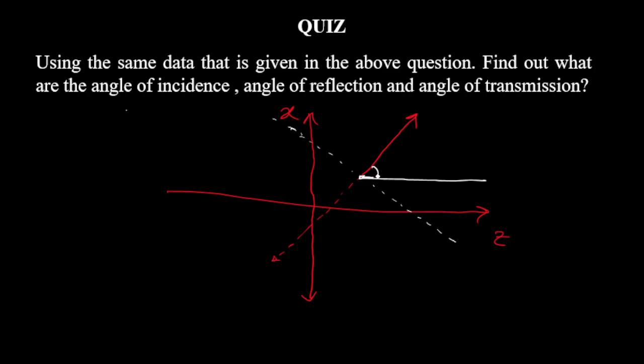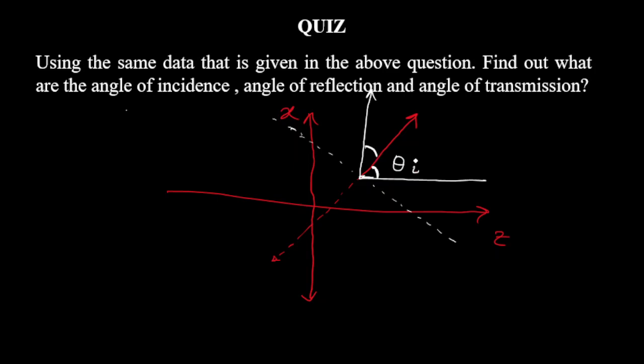So first you have to calculate this incident angle, and then from this interface some amount of light gets reflected, and some amount of light will get transmitted. According to the law of reflection, these two angles will be equal.